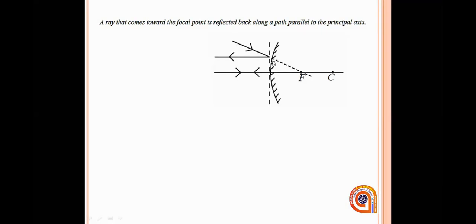And the third point is, if a light ray comes towards the focal point, after bouncing back, it reflects parallel to the principal axis. So you see here, earlier we said, if a light ray comes parallel, it will be reflecting through the focal point.